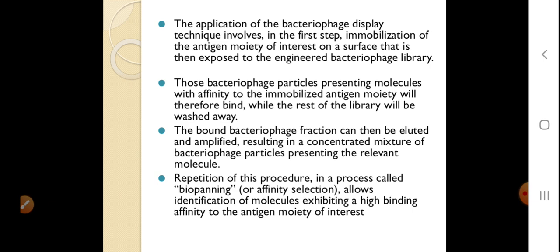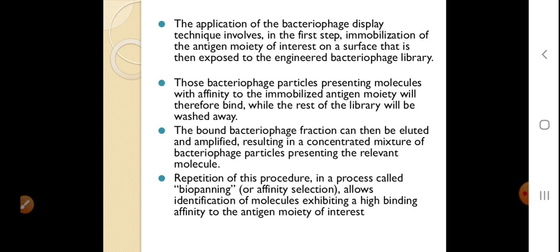So what is the application of this molecular manipulation? When you are doing a bacteriophage display, you can immobilize an antigen moiety of interest on a surface that has been exposed to an engineered bacteriophage library. That is, the first step will be your construction of the bacteriophage library, right? So this bacteriophage library will be displaying the protein of your interest.